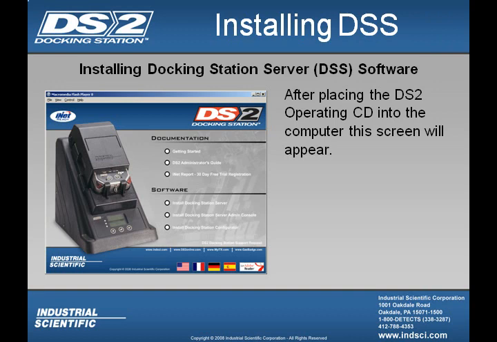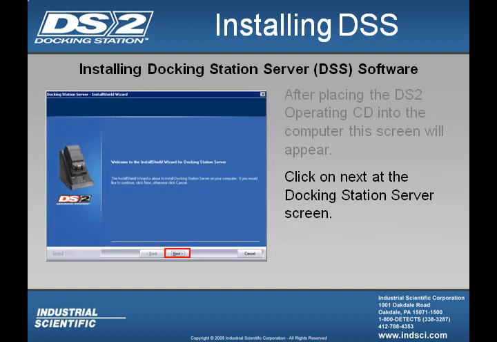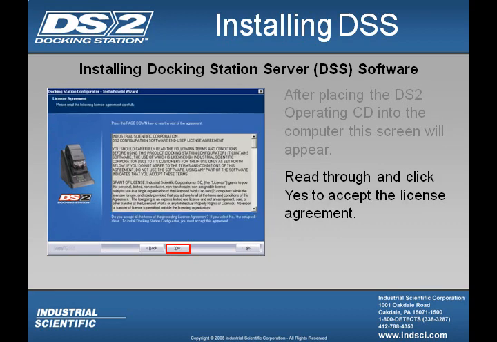After placing the DS2 operating CD into the computer, this screen will appear. We click on Install Docking Station Server. This will automatically launch the DSS installer. Click Next at the Docking Station Server screen. At this point, we read through and click Yes to accept the license agreement.